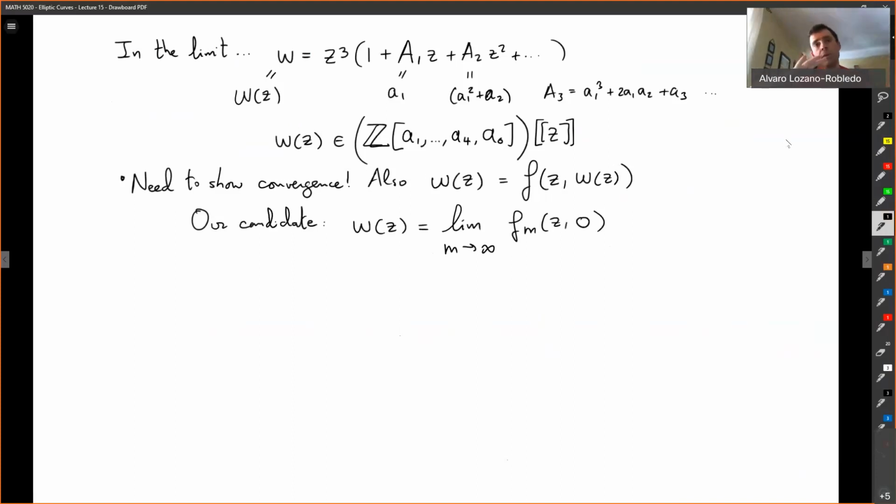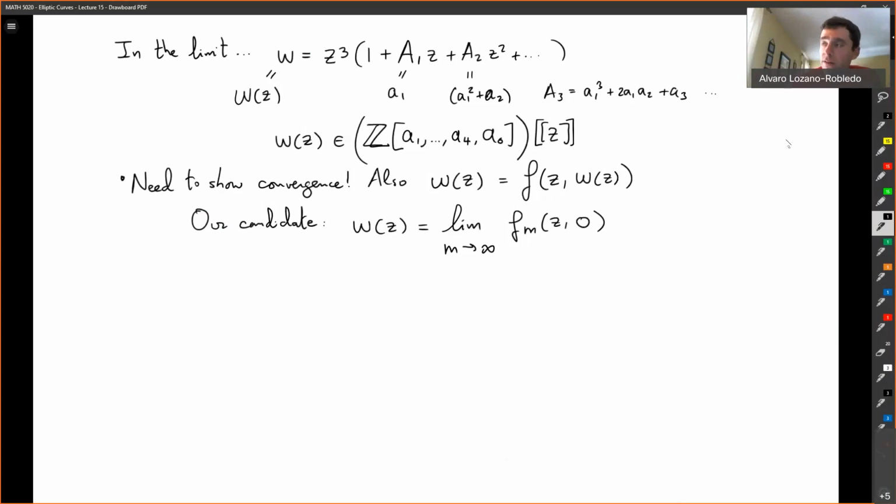Presumably what we said is that as I do that recurrence, I'm going to get higher and higher powers of all the w terms. Any appearance of a w is going to be in higher and higher terms of z. And when I evaluate at w0, I lose only some higher order terms, but the bulk of the beginning of the series is there already. And as m goes to infinity, I should get the power series that I want.